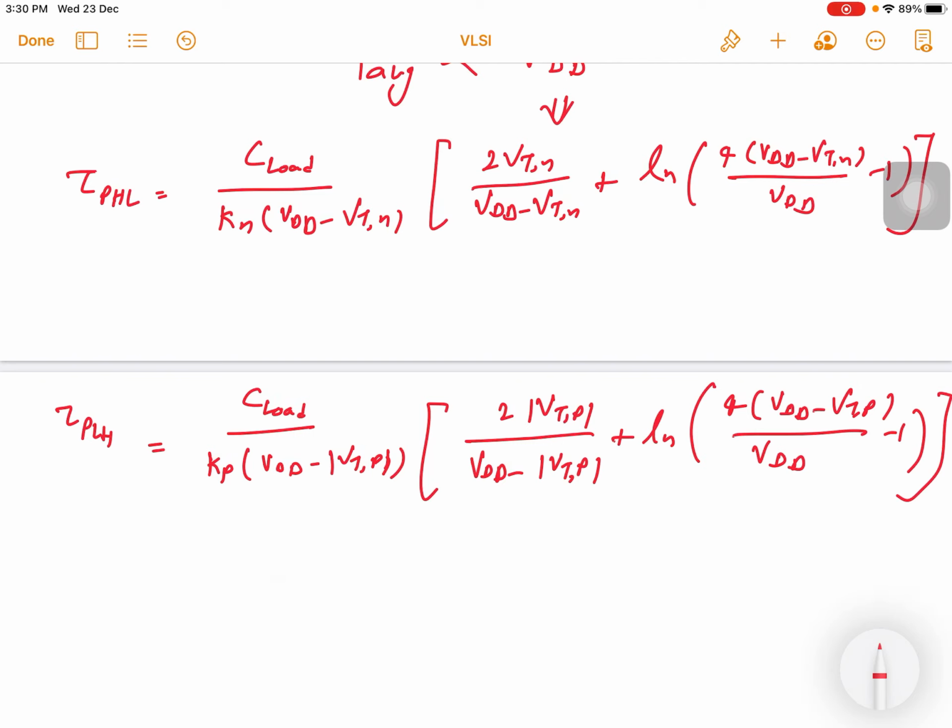From here you can see that if you decrease the VDD value, tau PHL or tau PLH is going to increase. So these are some limitations.